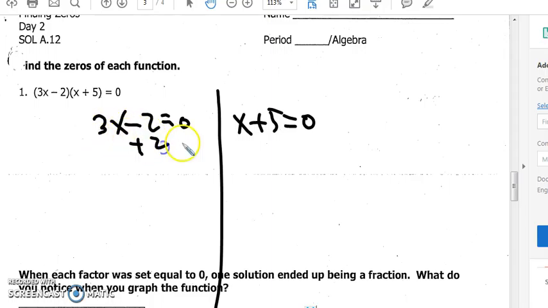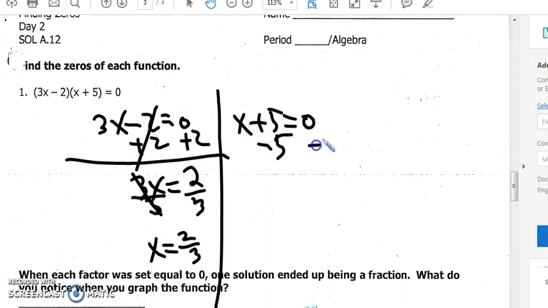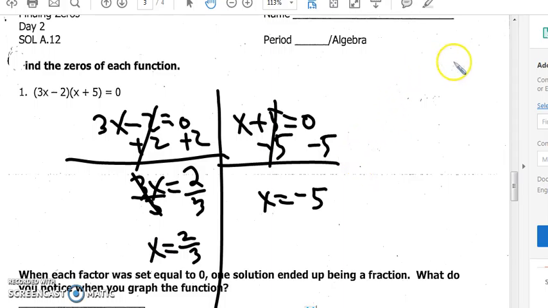So you're going to add 2. 3x equals 0 plus 2, which is 2. Divided by 3. x is 2/3. Right here, minus 5. x equals 0 minus 5, which is negative 5. So these are your zeros, x-intercept. So those are your answers.